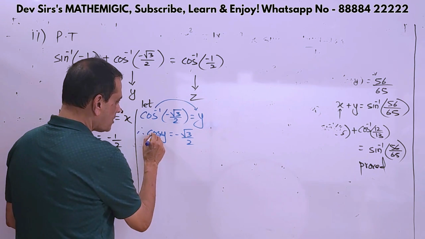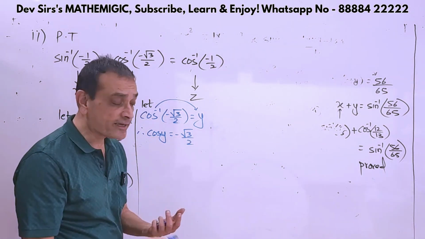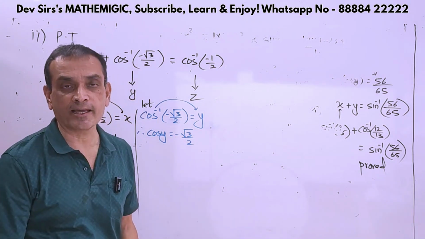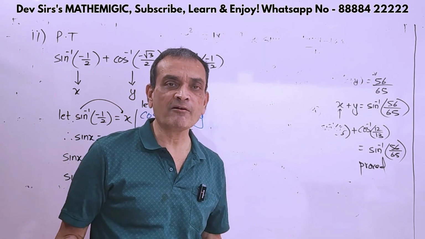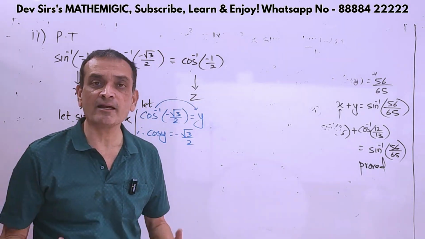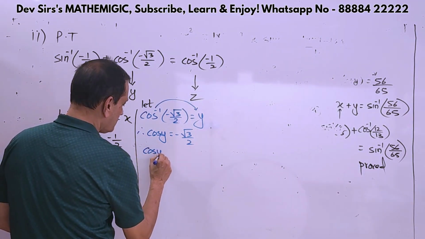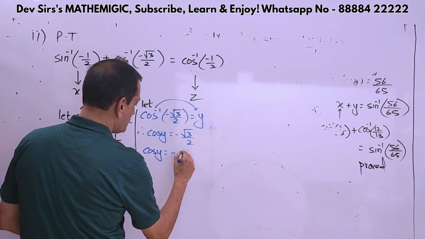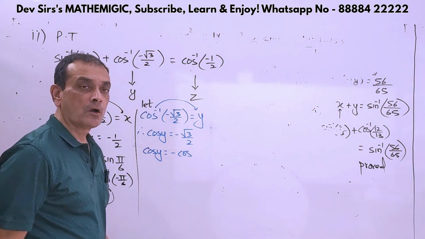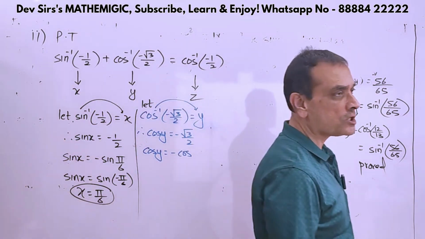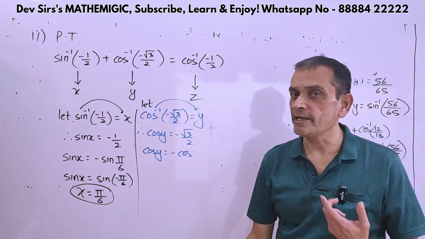So here I can take cos over here because it is a standard angle. That's what I told you. When you get half, minus half, root 3 by 2, you get standard angles. So try to get cos here. Cos of which angle is root 3 by 2? Cos 60 is half. So cos 30.